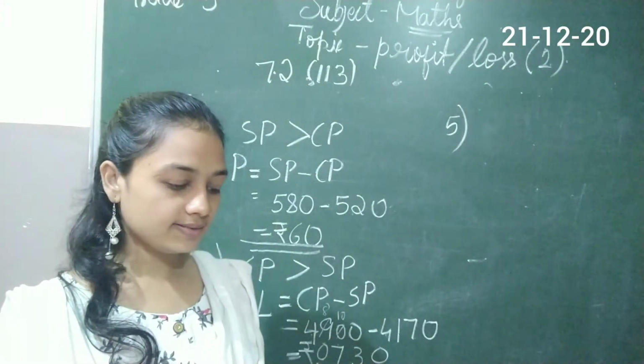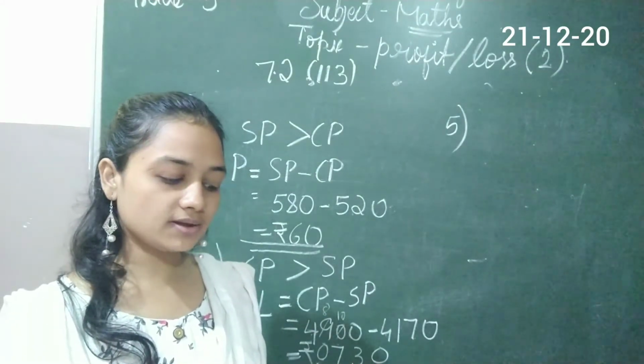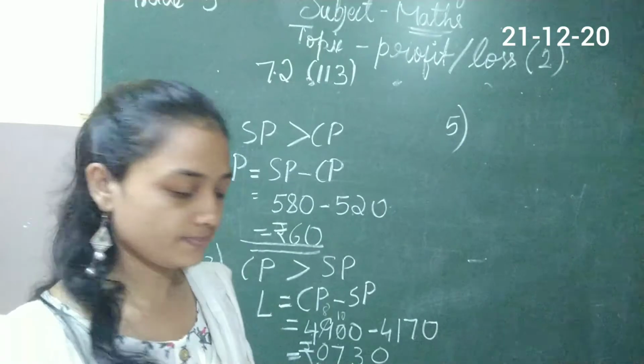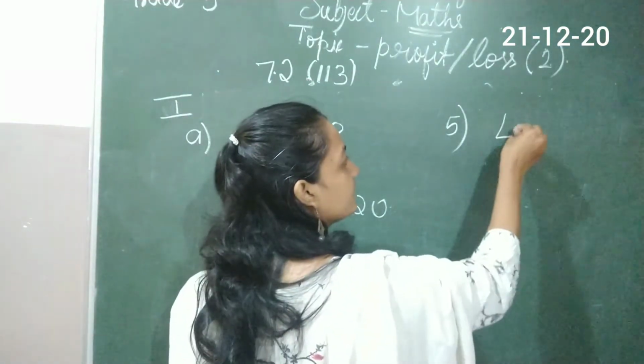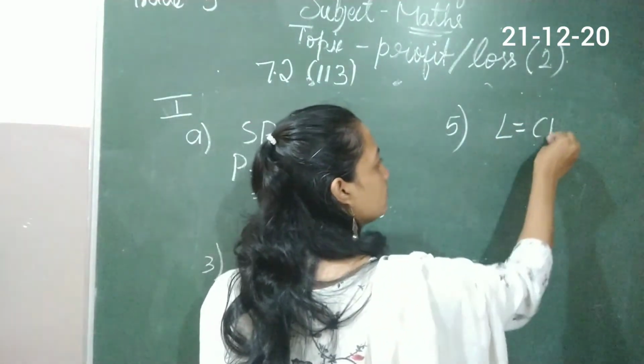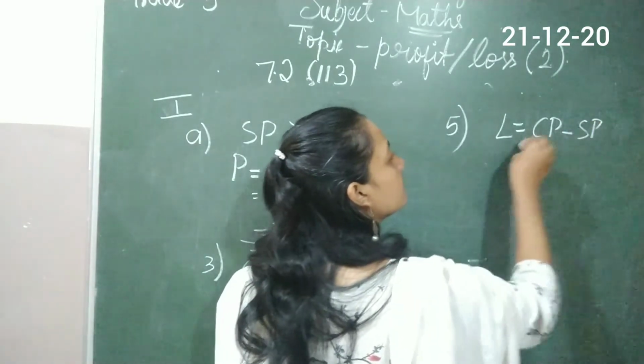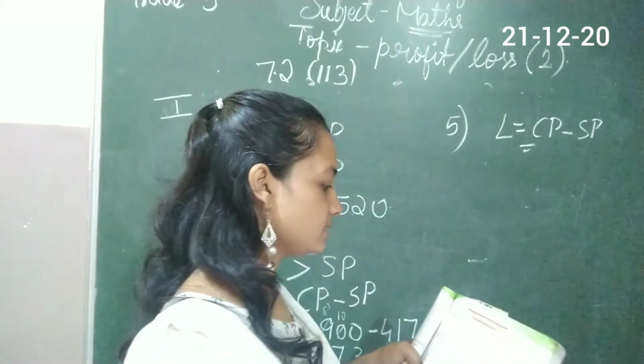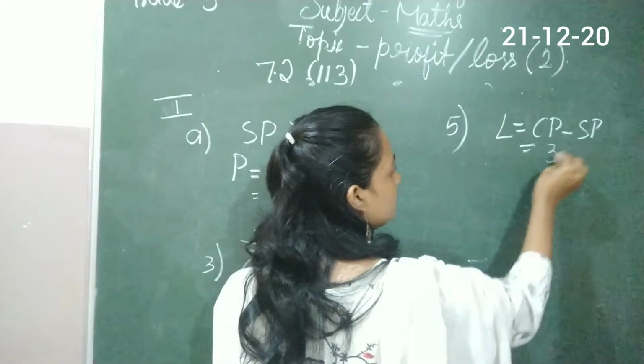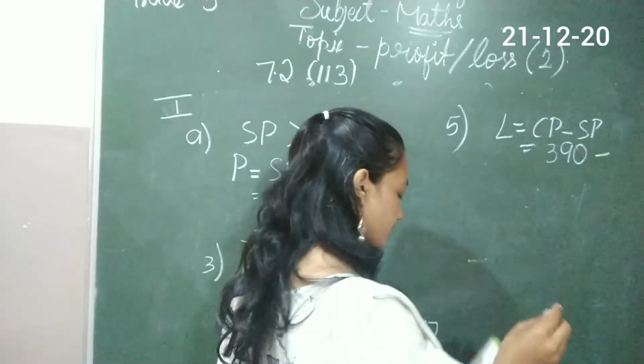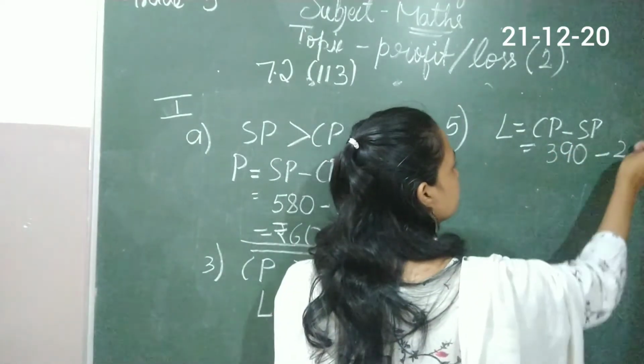Now let's go for the fifth one. Fifth one, CP or SP, which is greater? Again, it is CP greater. So when CP is greater, I take a loss. So I have to subtract CP and SP. So what is the CP price? It is 390 rupees minus 260 rupees.